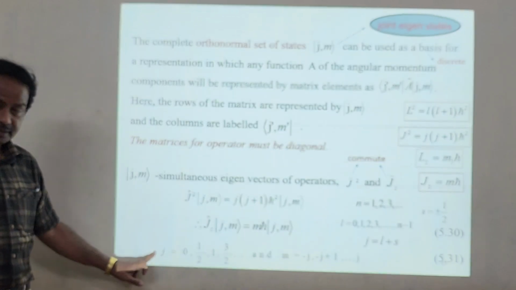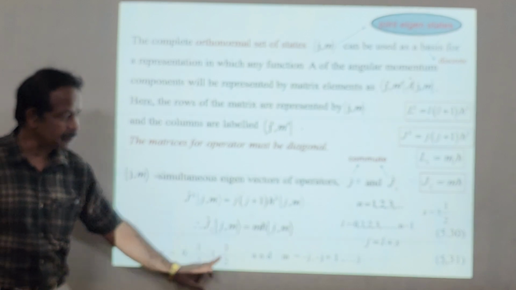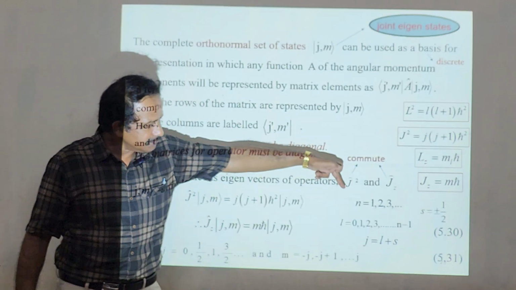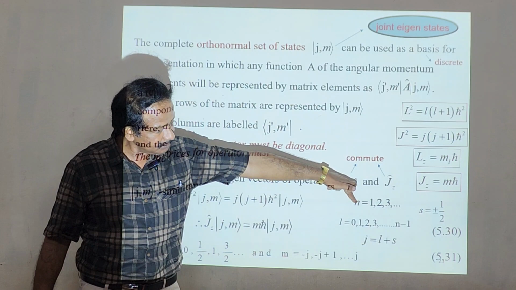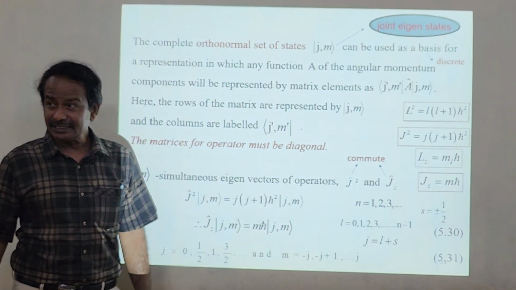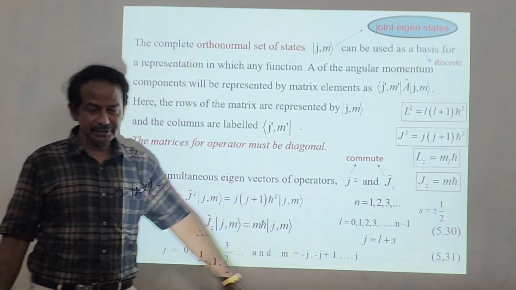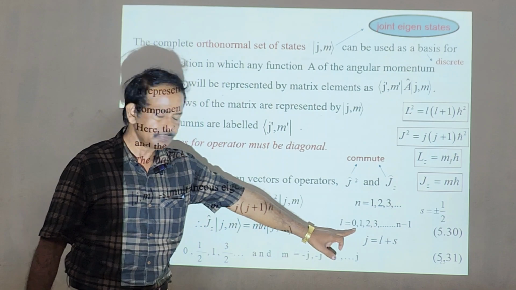J will have the values 0, 1 by 2, 1, 3 by 2. It's very important. Of course, we know the principal quantum number n goes with 1, 2, 3. The orbital quantum number goes with integers 0, 1, 2, 3 up to n minus 1.